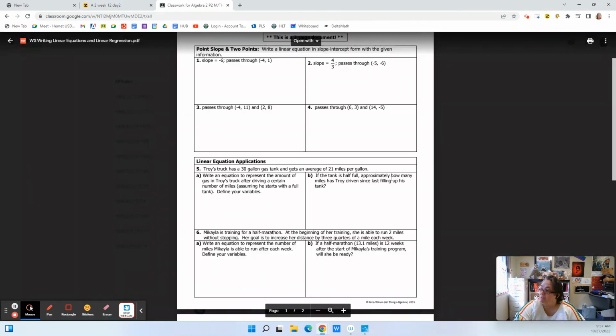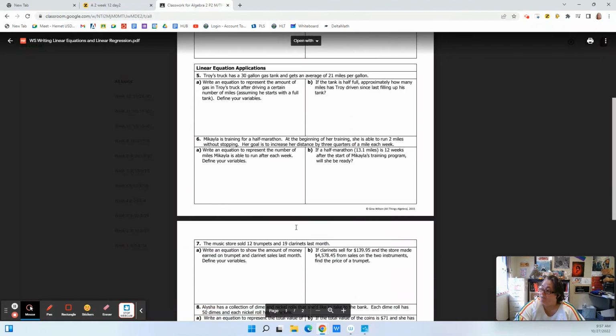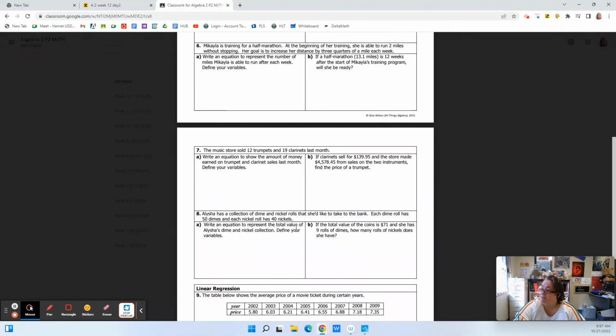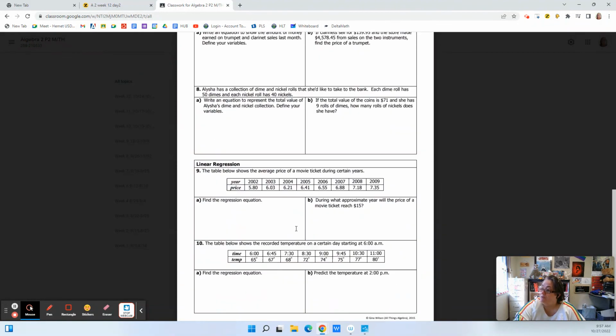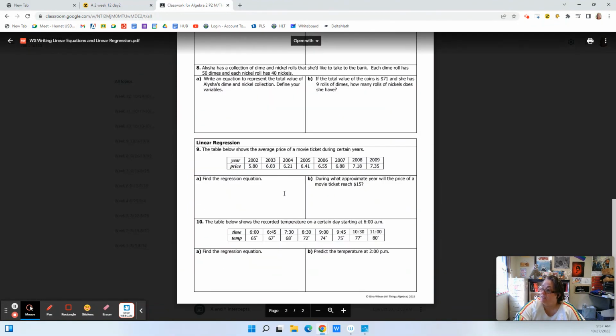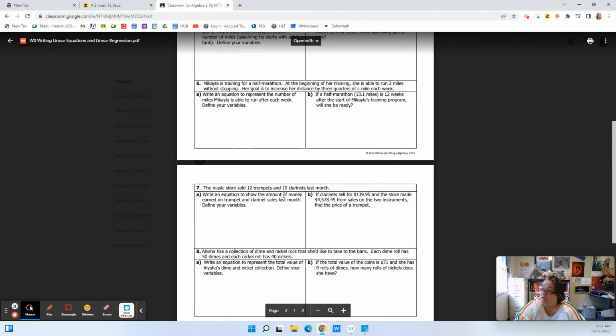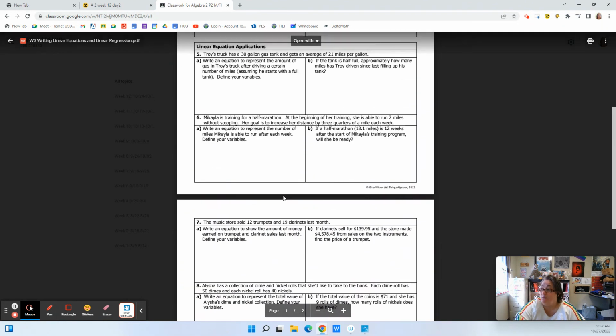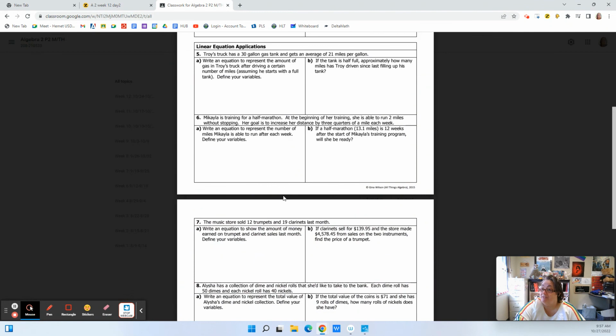So when you look at this, these linear equation applications you have to do, all of this, right? But you don't have to do the 9 and 10 stuff. So you do have 8 word problems that you have to do. It's a lot of word problems. I don't normally assign that many, but I think you guys can handle it.